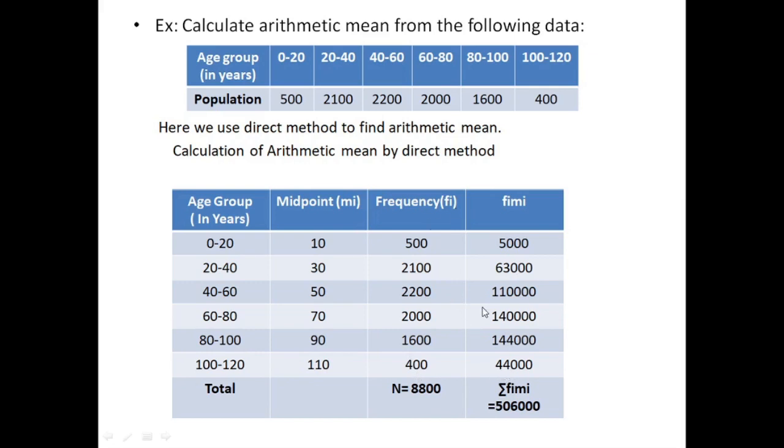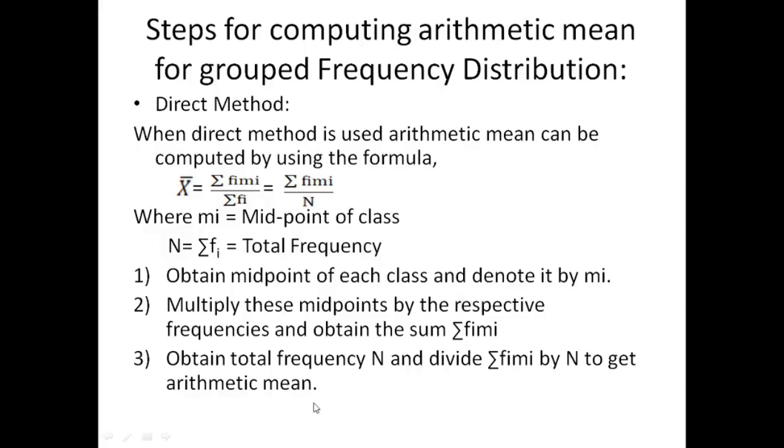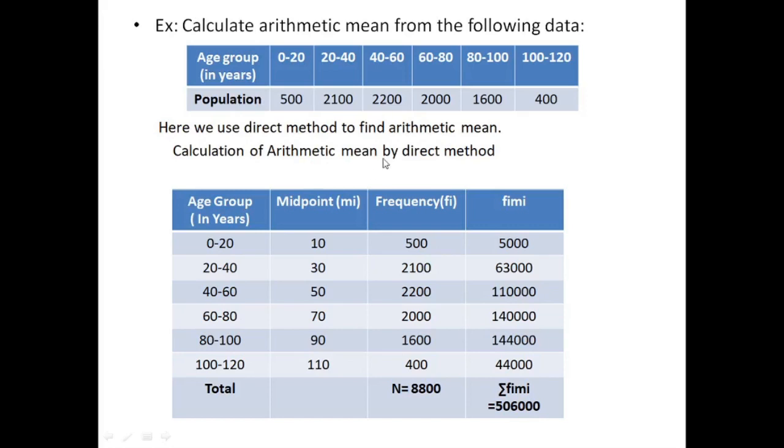Then we will compute the sum of these two columns, that is summation of fi and summation of fi mi, because our formula for arithmetic mean is x bar equal to summation of fi mi divided by summation of fi. So summation of fi means the sum of 500 plus 2100 plus 2200 and so on, which equals 8800.